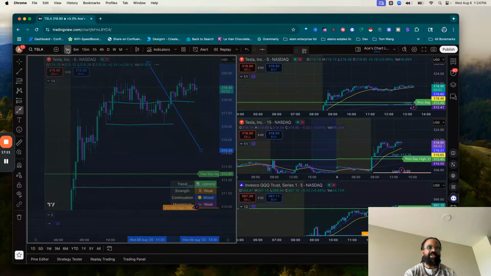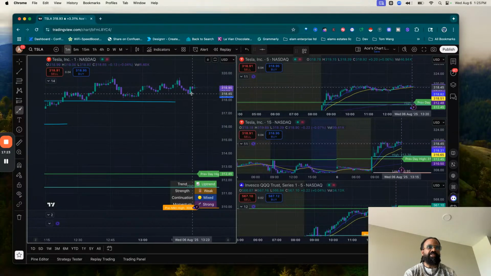Let's switch to the 1 minute. Let's see what we got here. So nice bullish up close candle here. Let's see what happens in this next minute.